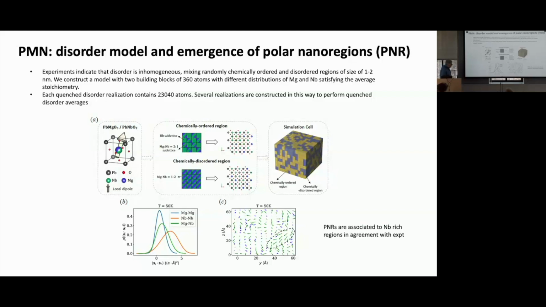By analyzing the distribution of the dipole moment associated with magnesium and niobium, we see that these regions occur in niobium-rich regions of the system, which is again in agreement with what is found in experiment.